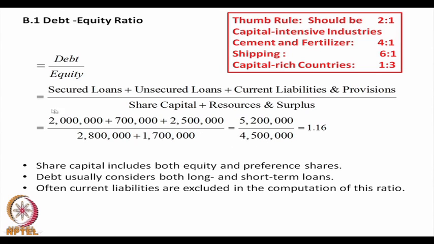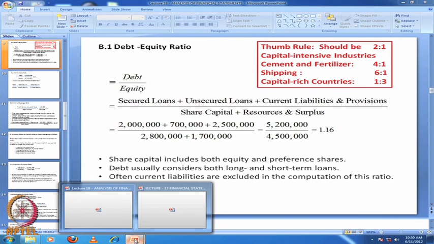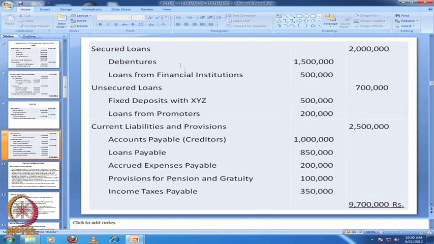Now, how much of the capital have we got through debt? This amount is secured loans, unsecured loans and current liabilities and provisions. So, this also we can see from the liabilities: secured loans, unsecured loans and current liabilities.